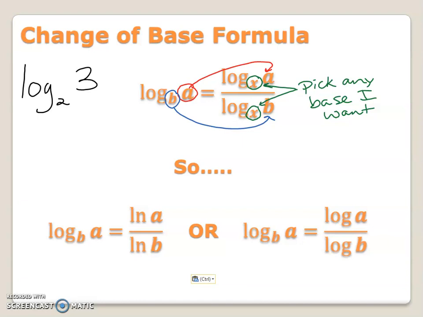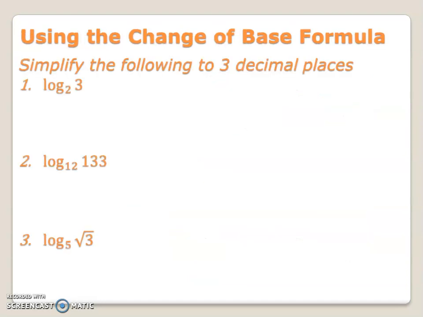So now I have something that I can plug into my calculator to figure out the answer to this question. I've got a log base 2 of 3. I move my 3 up. I move my 2 down. And then I'm able to plug this into my calculator and actually figure out what that log base 2 of 3 is.